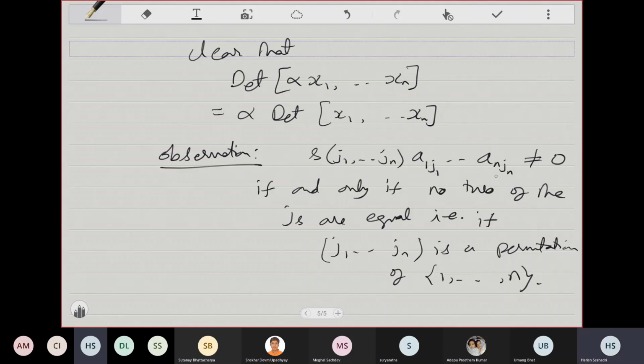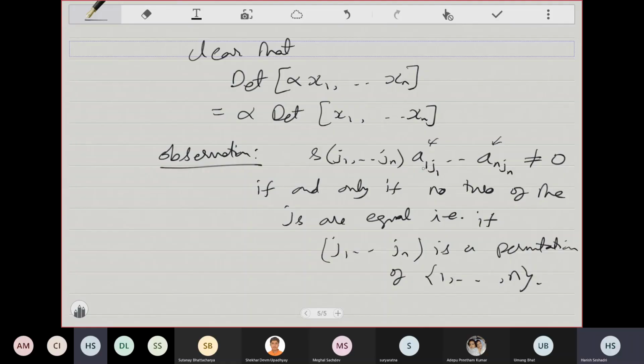So that means that every term in the formula for the determinant in the sum will have exactly one of these A terms, one and only one, from a given column. Of course, the same consideration holds for rows as well.